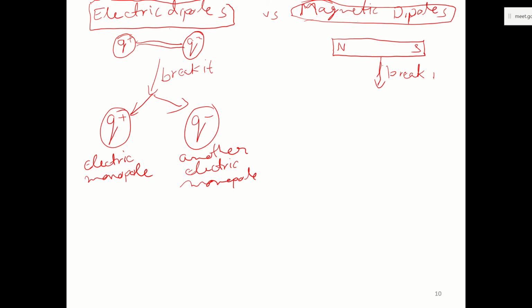When you break it, you still get two pieces of the rod.